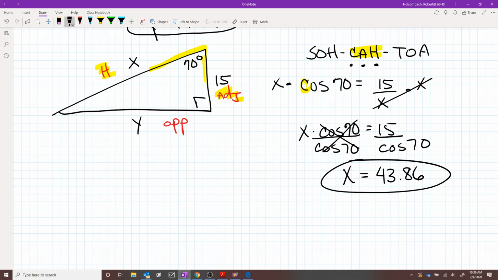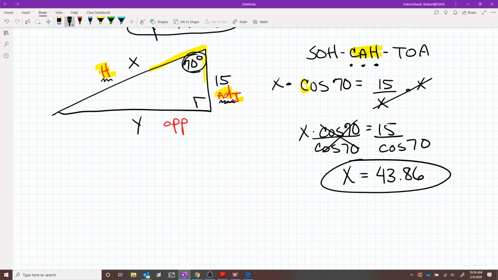Your acronym tells you which ratio to use and what goes in the numerator and in the denominator. You use the cosine of 70 because the 70-degree angle was given, and you're working with the adjacent side and the hypotenuse.